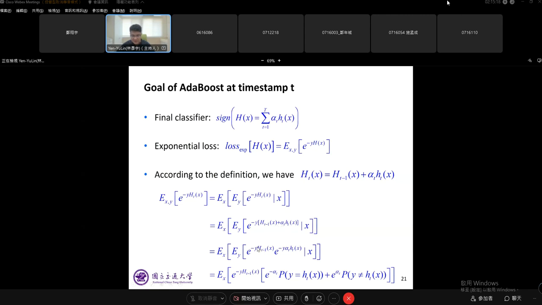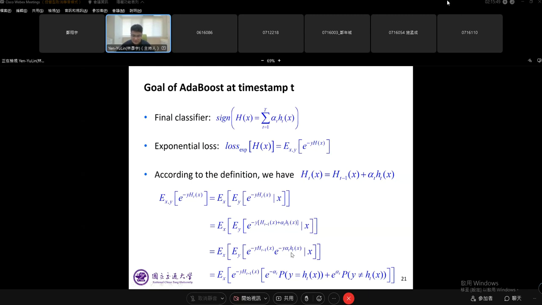Actually, it can be equivalently expressed as the multiplication of two exponential functions. This part is fixed because y is given, so it is not the optimization variable. And the second part consists of our targets, including alpha t and h_t.